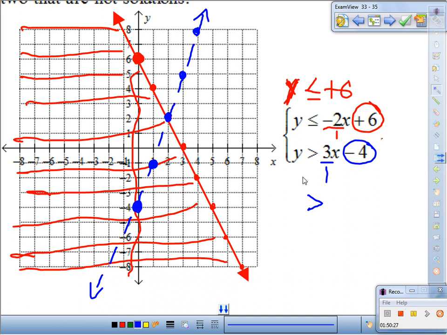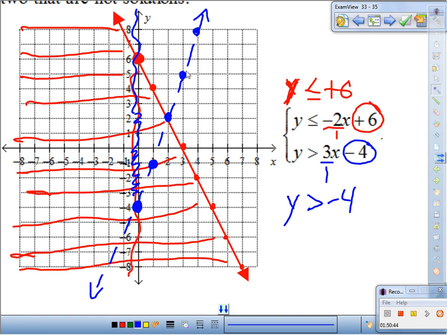All right, now I need to shade. I bring the y and the -4 down. Let me read this. Y is greater than -4. Where's -4? Right here. What numbers are greater than -4 on the y-axis? -3, -1, 1, 2, 3, everything over here, which means I'm going to shade everything to the right.